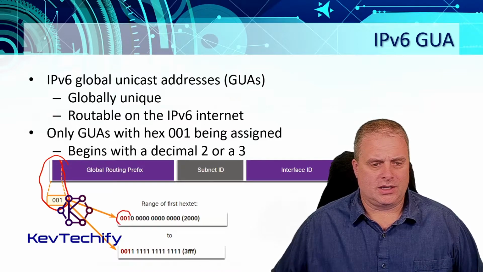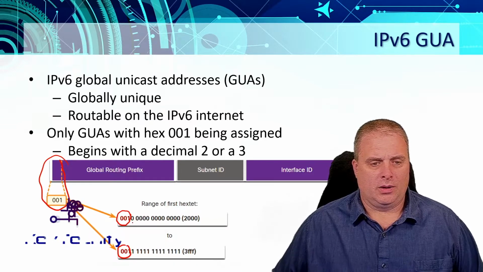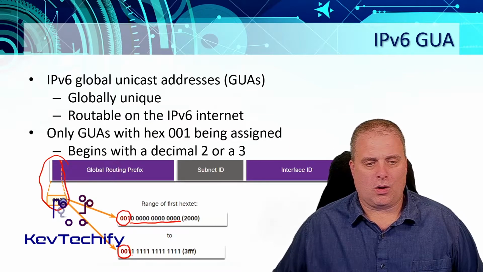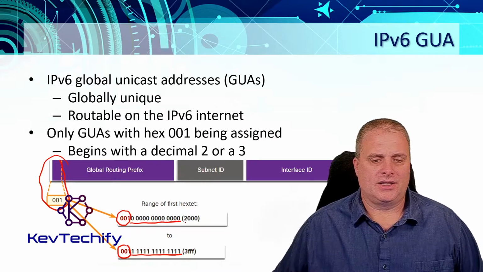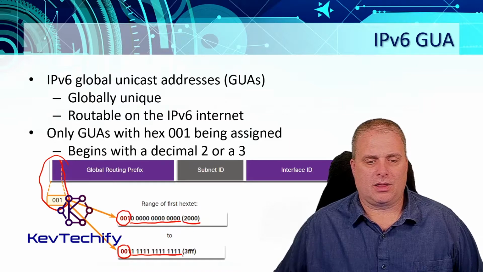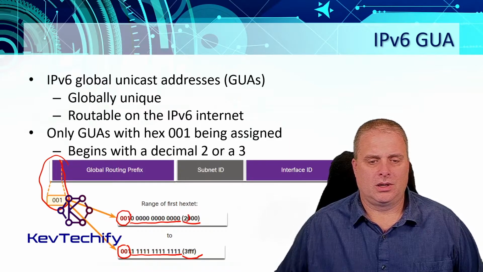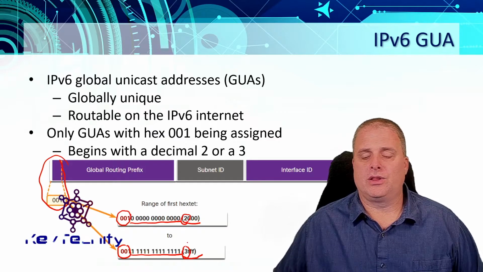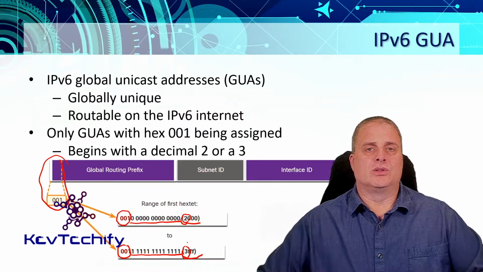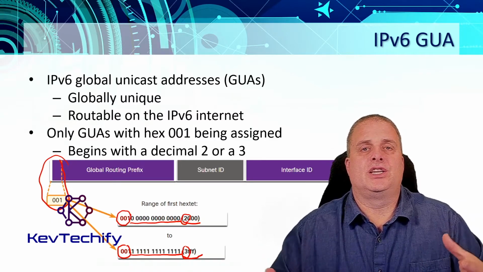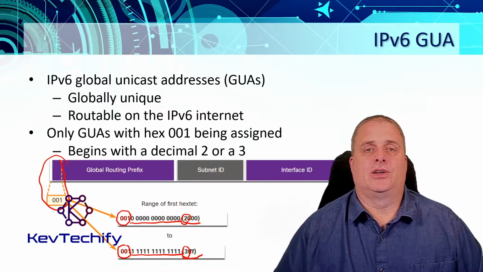We have the range of 001, then all zeros and all ones. If you turn that into hex, we have 2000 to 3FFF. Basically, it starts with a 2, ends with a 3 right now. Those are the only ones being assigned by those organizations out there that assign IP addresses.